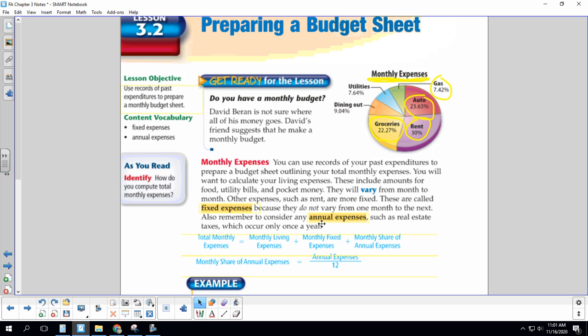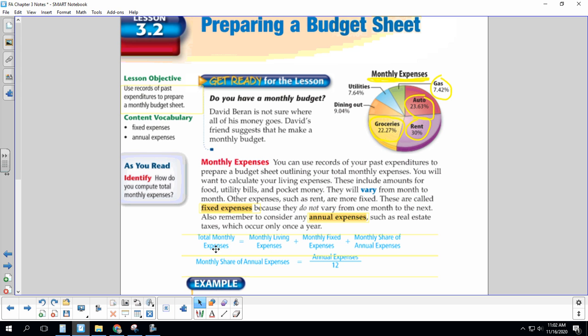So you have to consider the stuff that you do once a year, divvy it up, so that you can plan for it every month, because it's not like we get paid once a year. We do get paid and usually plan accordingly for every month.